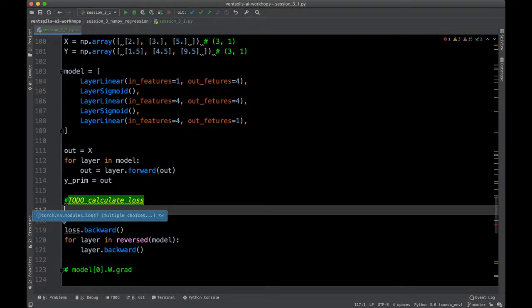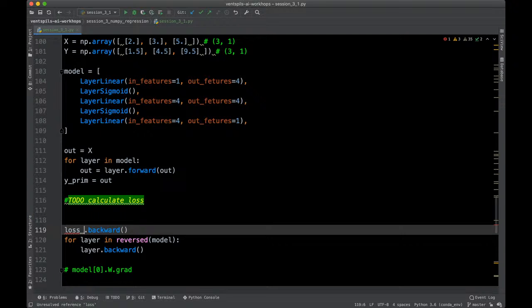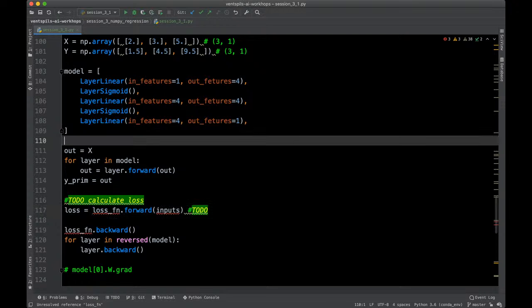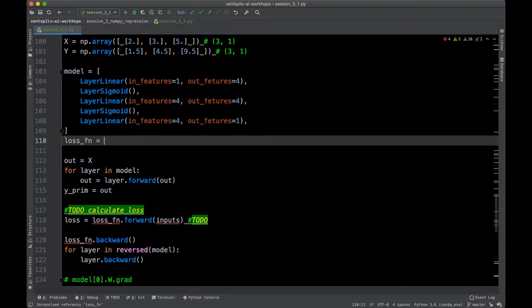There you will have the loss function, and the loss value like loss function forward. And there you need to do something here. So inputs, to do. And the loss function is basically our loss MSE, right?